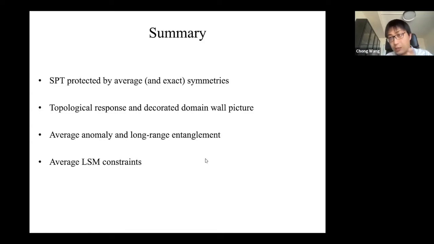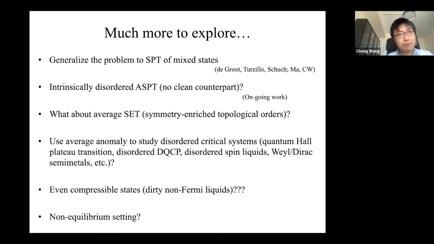Many of the things we talked about in the clean settings do make sense, things like topological response, decoration of domain walls, and the long-range entanglement guaranteed by the 't Hooft anomaly and LSM. So these things all make sense and have non-trivial consequences.